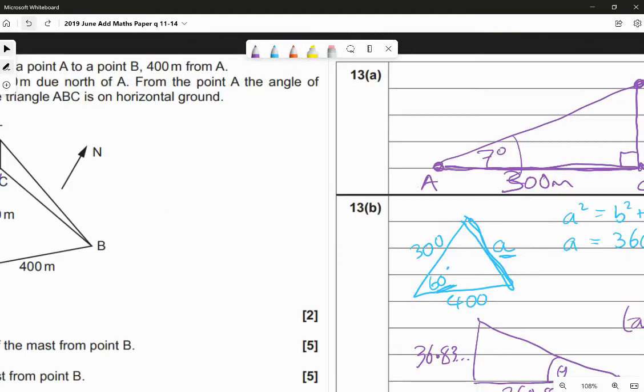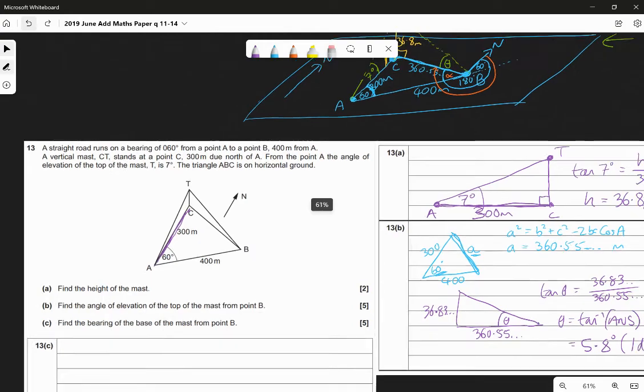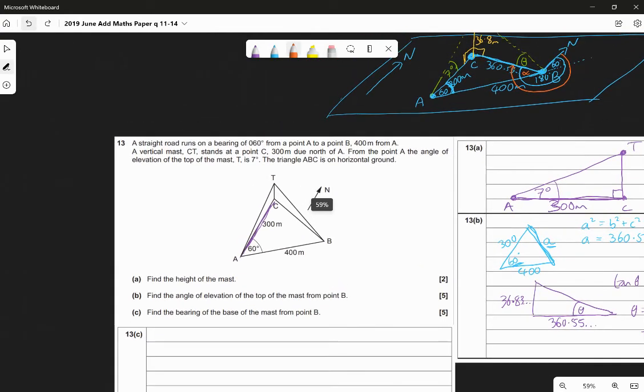So I would rearrange the cosine rule. I know the cosine rule can rearrange to cos of A equals b squared plus c squared minus a squared over 2bc, where a is opposite the angle that I want to find. Here I'm trying to find angle alpha, so I'm looking at this side as being the one opposite it.